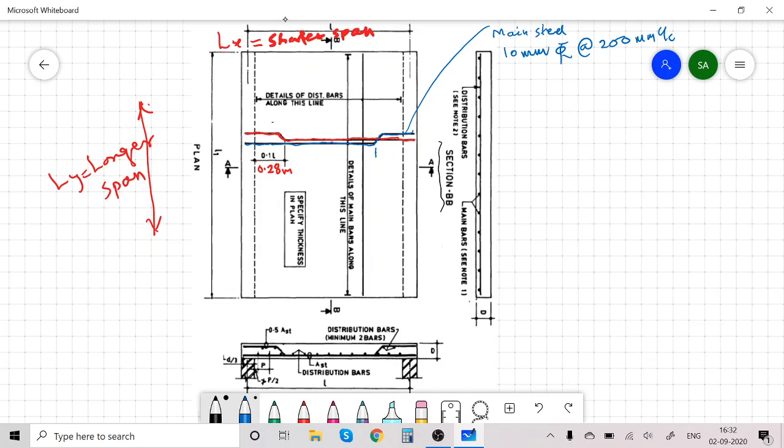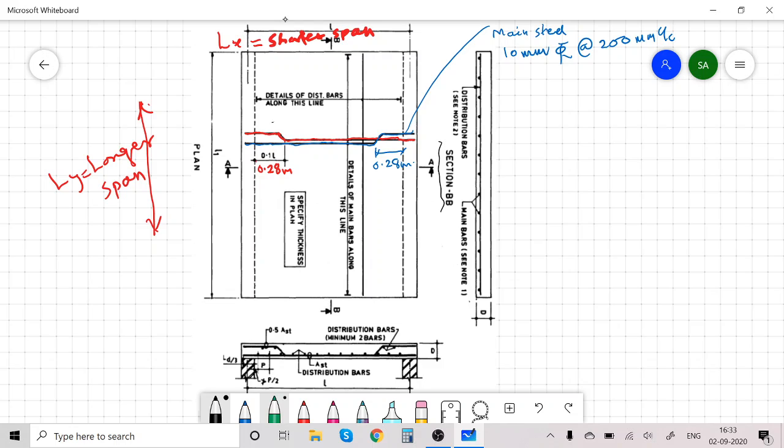Bend this bar from the face of support at a distance 0.28 meter. So likewise you will lay the main steel bar along shorter span direction, and then the distribution steel is given as 6 mm diameter at 150 mm center to center.